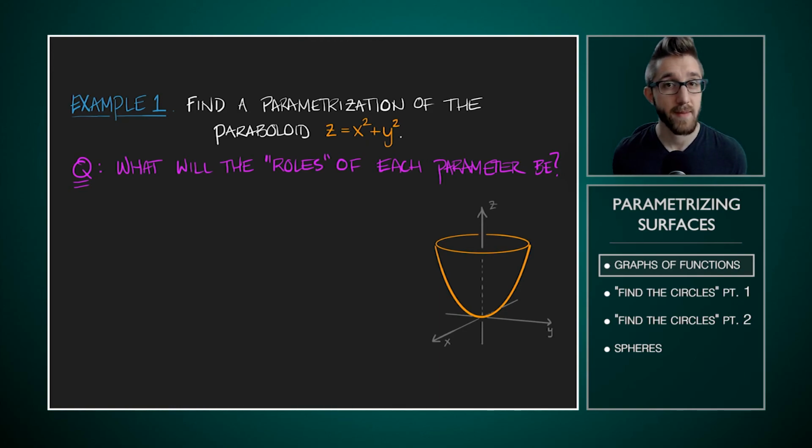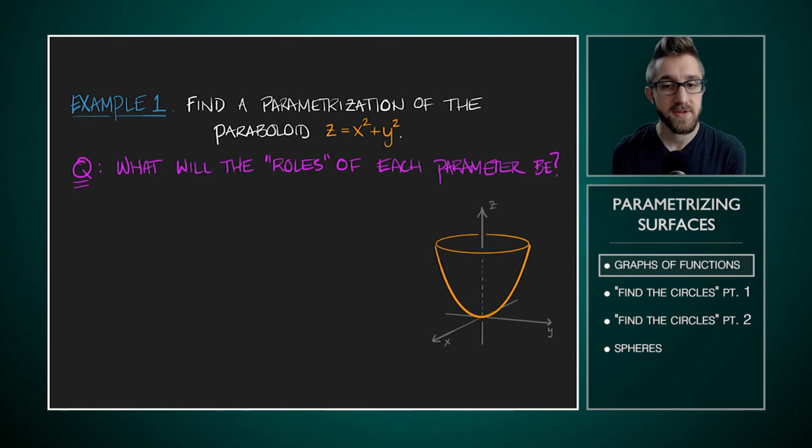So now, since we're parametrizing surfaces, there's going to be two parameters for every parameterization, and so it's going to be useful for us to be able to identify what the roles of those two parameters will be. And actually, we'll see from this series of examples that a single surface can have lots of different parameterizations that you can kind of get by thinking about different sets of roles for the two parameters.